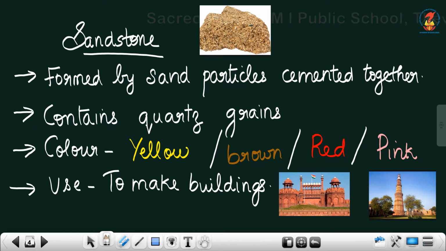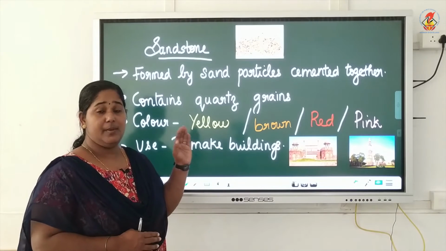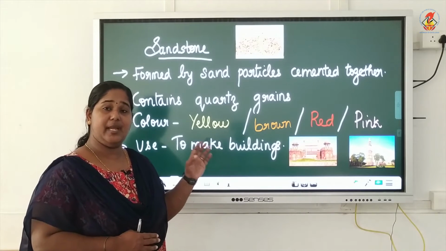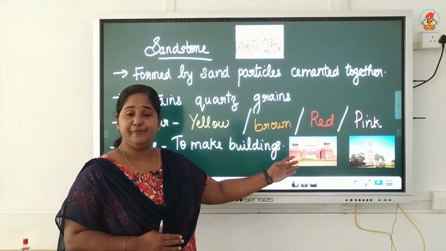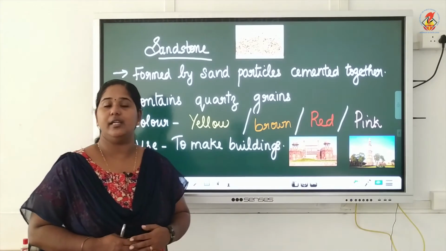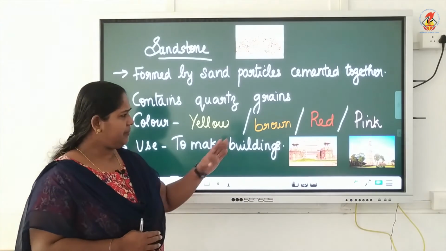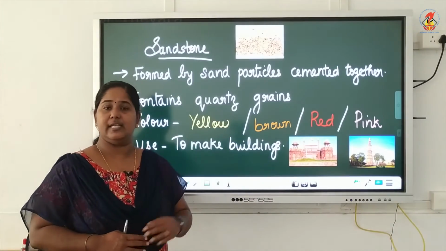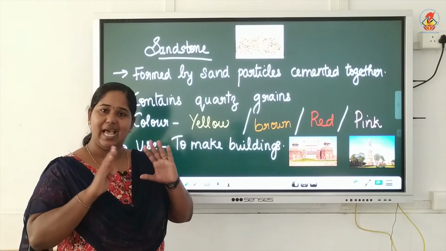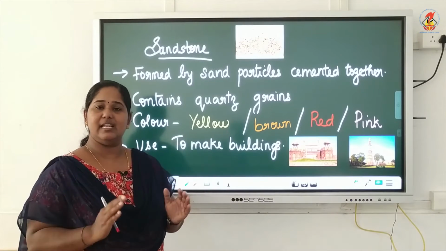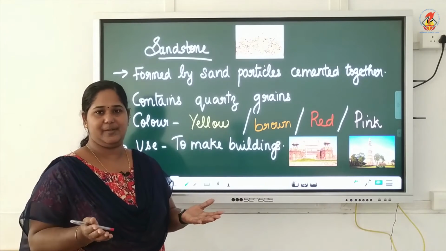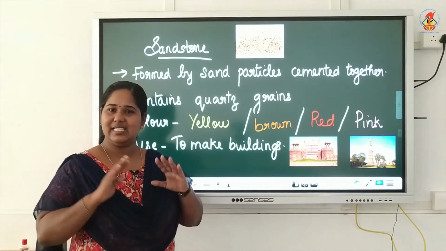It is used to make buildings. The most important buildings made of sandstone are the Red Fort and Qutb Minar in New Delhi. From the picture itself it is clear that they are made of sandstone, because the building has the appearance of red colored sand.